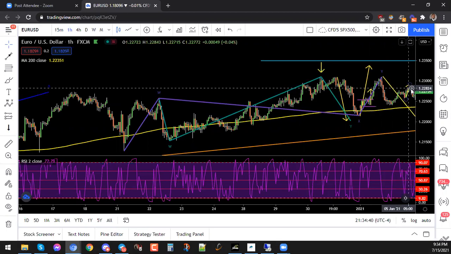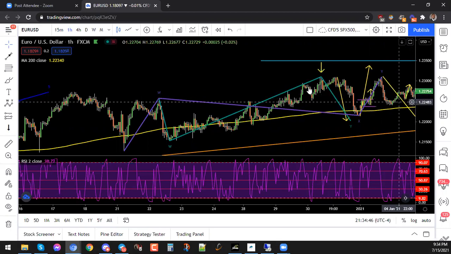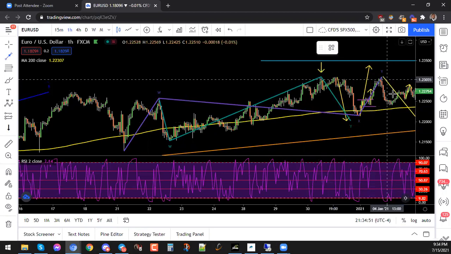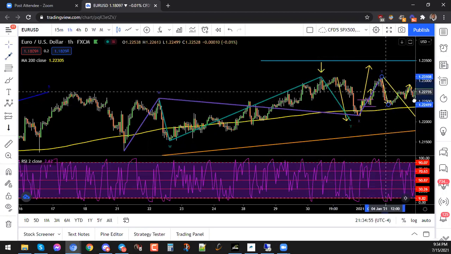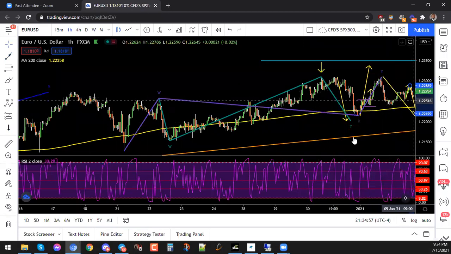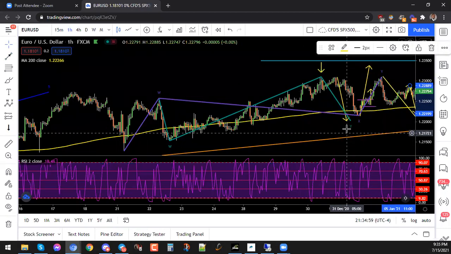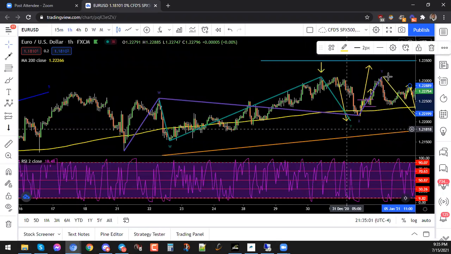And with the sellers regaining control at lunchtime, we will start seeing the price come down. So we will start looking for the rest of this move. We need this, look at this length, and we project it over here, right? So we will look for the rest of that move to the downside.